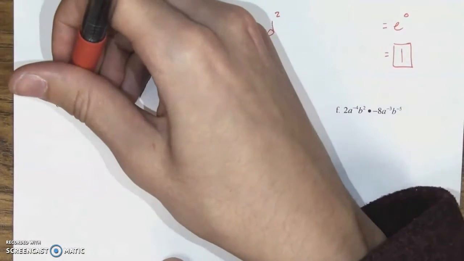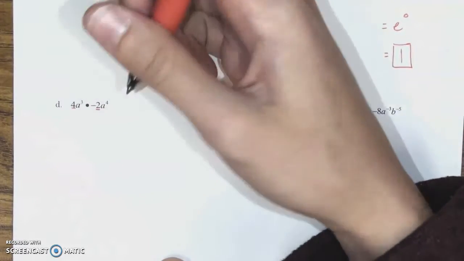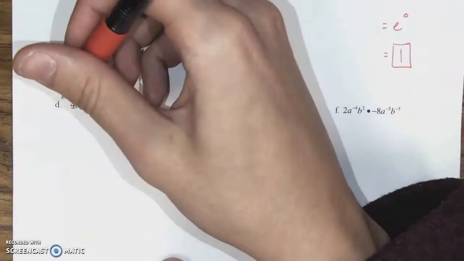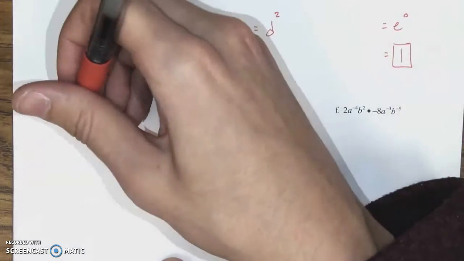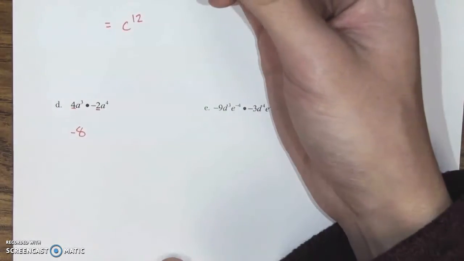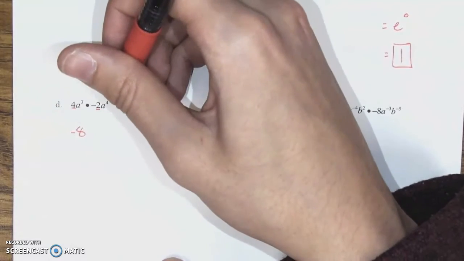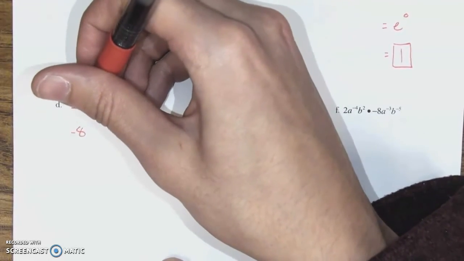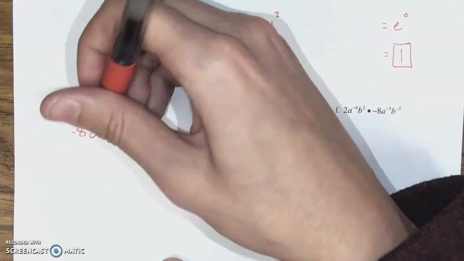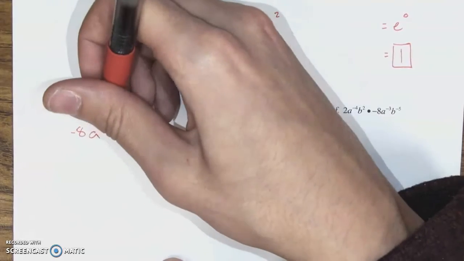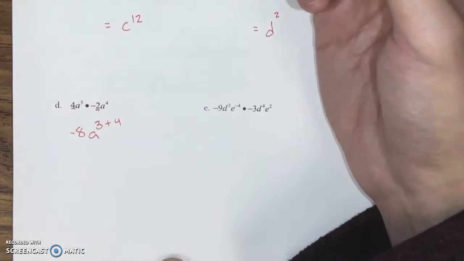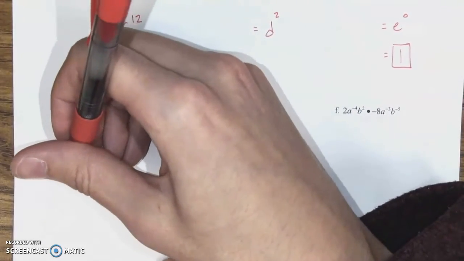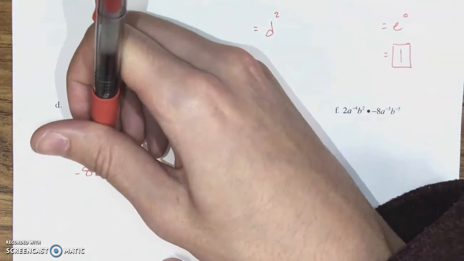We multiply numbers with numbers and variables with variables. So we can multiply 4 times negative 2 to get negative 8, and then we have a cubed times a to the 4th, or a to the 3rd power times a to the 4th power. We can rewrite that as a to the 3 plus 4, which is a to the 7th.